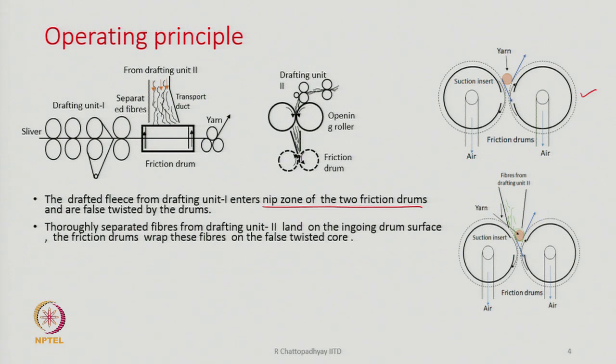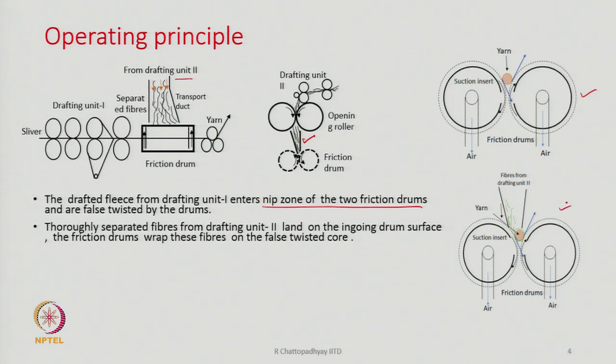and from drafting unit 2, thoroughly separated fibers, separated by whom? Separated by the opening roller. These separated fibers are made to move through the transport channel, and they also will come and actually land on the friction drum.